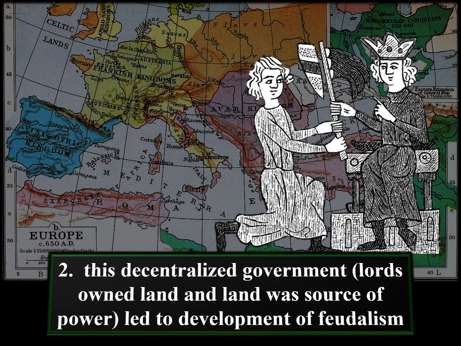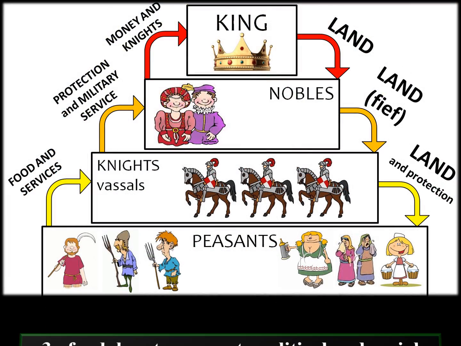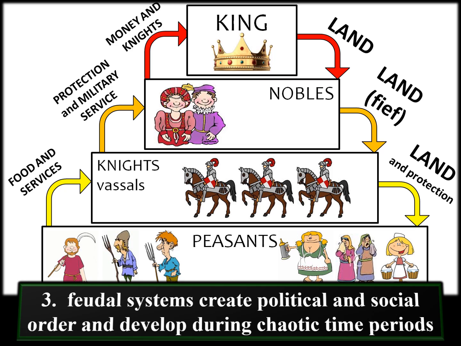And this decentralized government, even though it's decentralized, did not lack some kind of structure. It ultimately led to the development of feudalism. Feudal systems ultimately developed during this Dark Age period, the early Middle Ages or medieval period, to create political and social order.